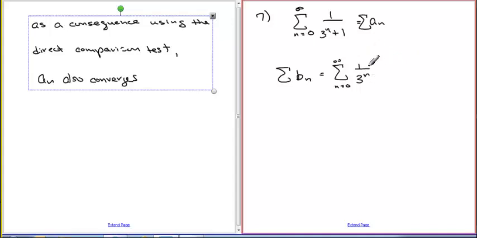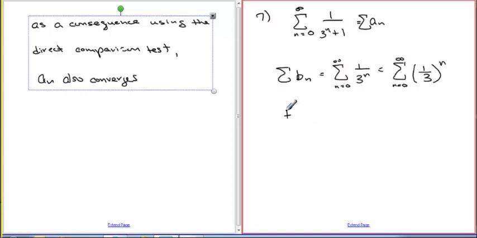You might think it's a p thing, but that's when you have n as the base, and here we have 3 as the base. Because we have 1 in the numerator, you can make this (1/3) to the n, because 1 to any power is 1. As a consequence, this is a geometric series.